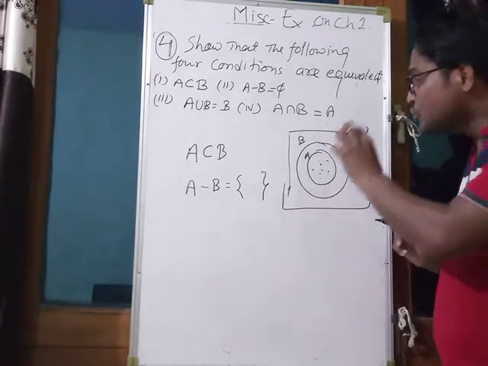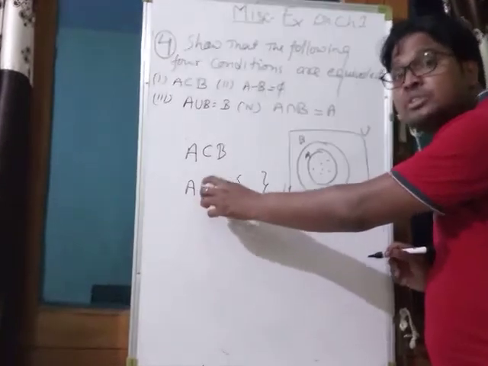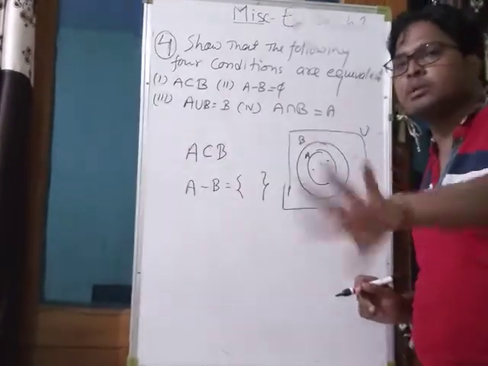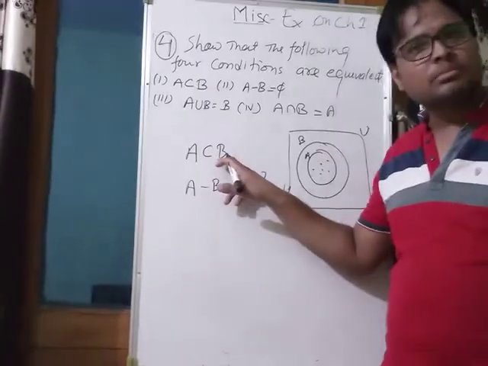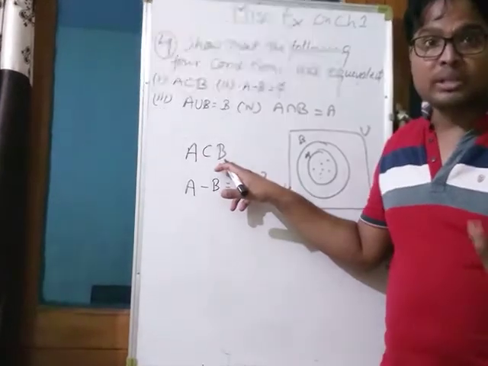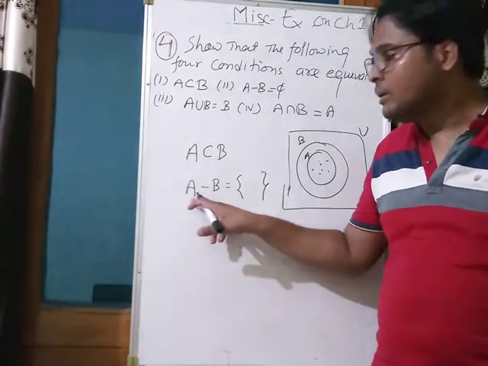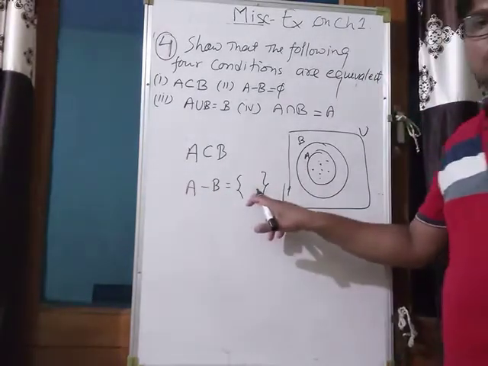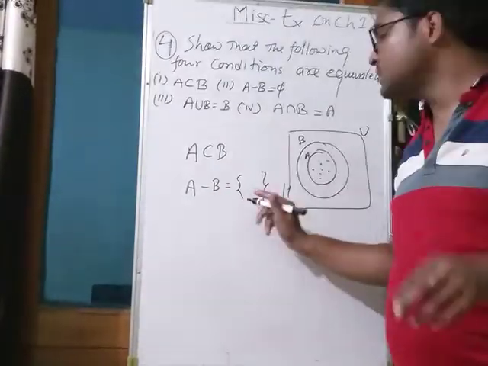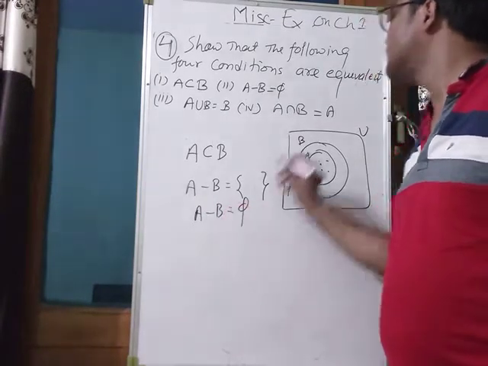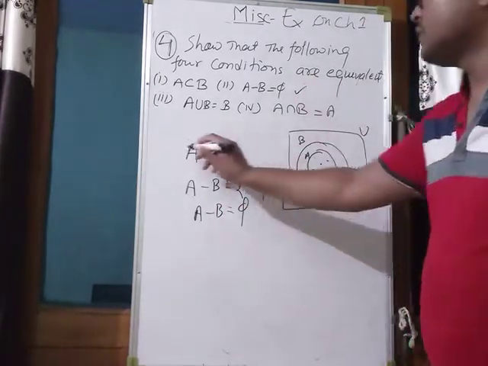Means there is no element in A which does not belong to B. Clearly each element of A also belongs to B. So A difference B will be phi. So this is equivalent to this one.